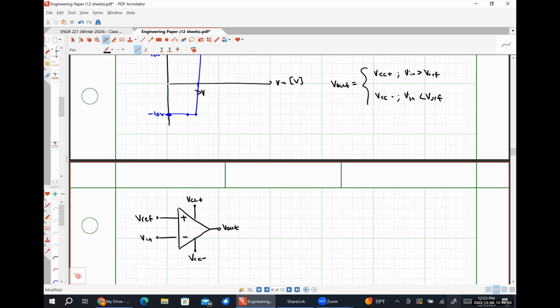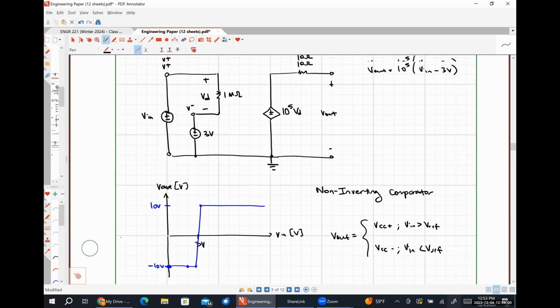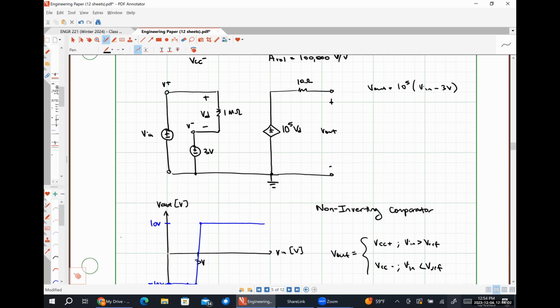So I'm not going to waste our time redrawing this entire circuit, because if we look at this circuit, it's literally the exact same thing, except that these two voltage sources are swapped, right? So our output voltage would literally be just this, except that it'll be 3 volts minus VN, because VD would be our reference voltage minus our input voltage, right?